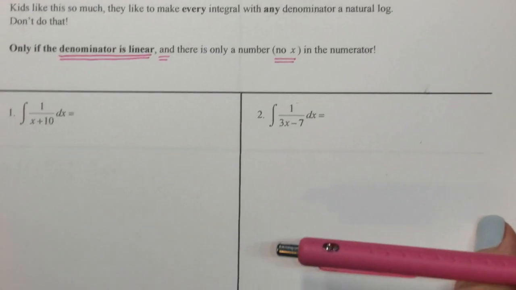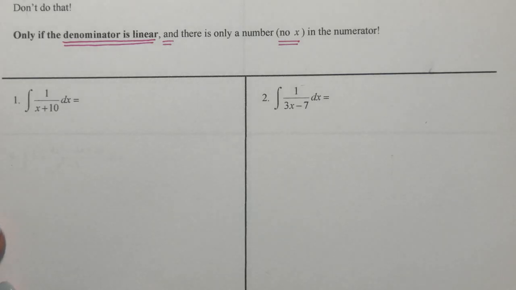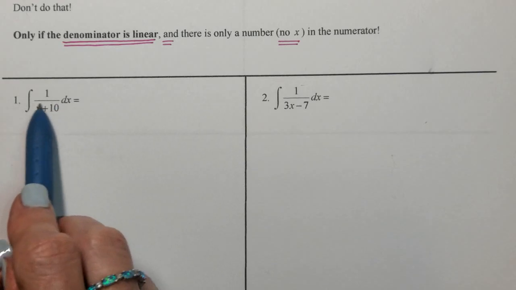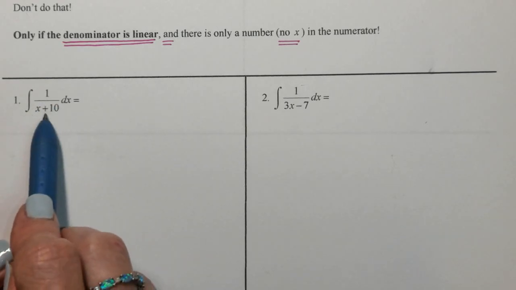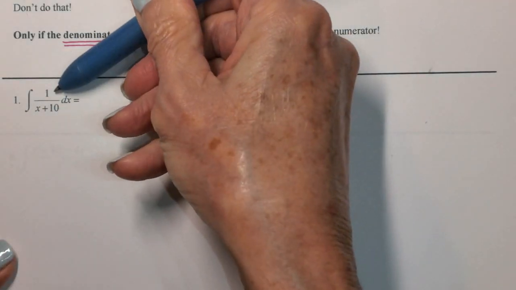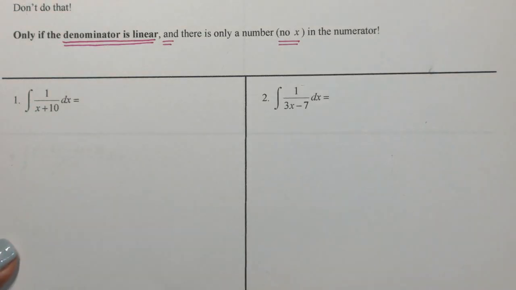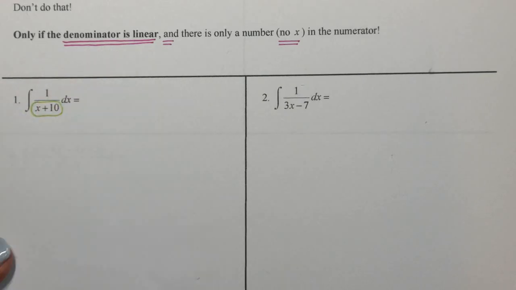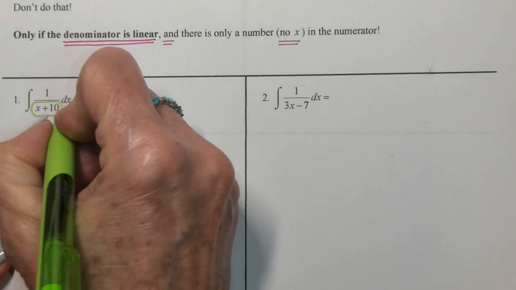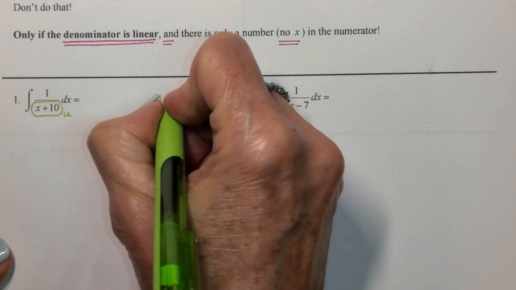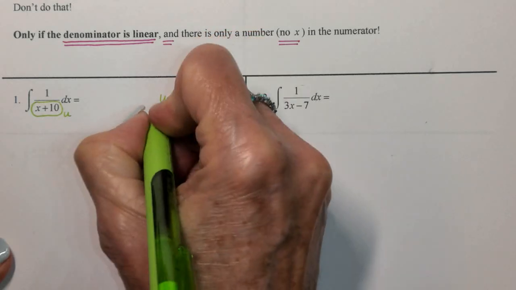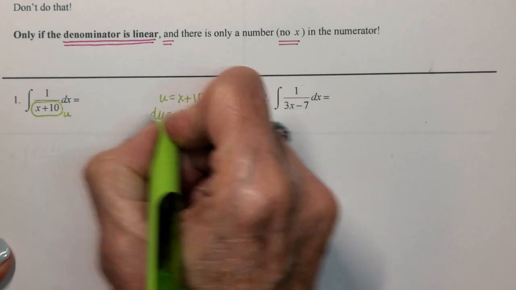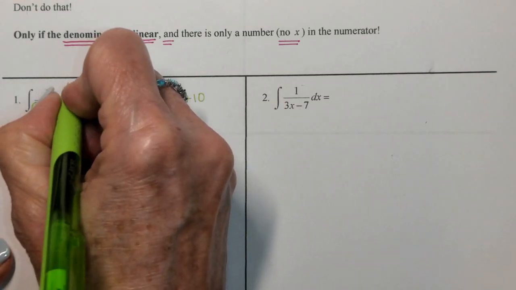So let's look at some examples here. First example. Linear bottom, the power is 1. Linear bottom, no x's on top. This is going to be a natural log. However, we need to do a u sub first because it's not a plain x. So I let u be the bottom. du is 1 dx. So dx is just du.